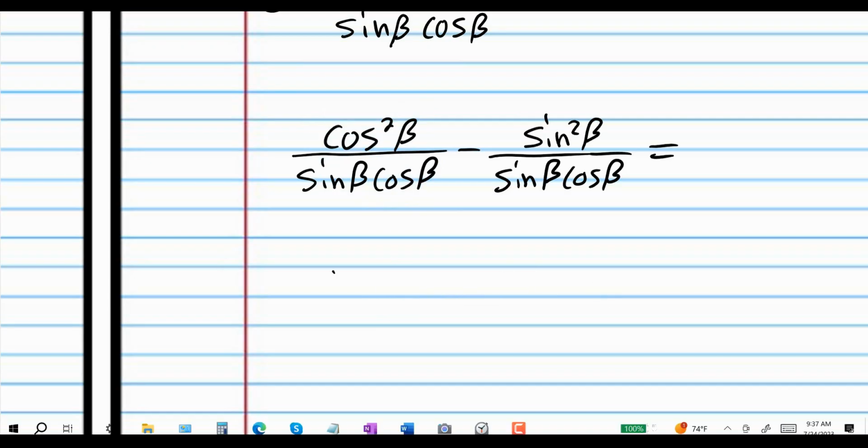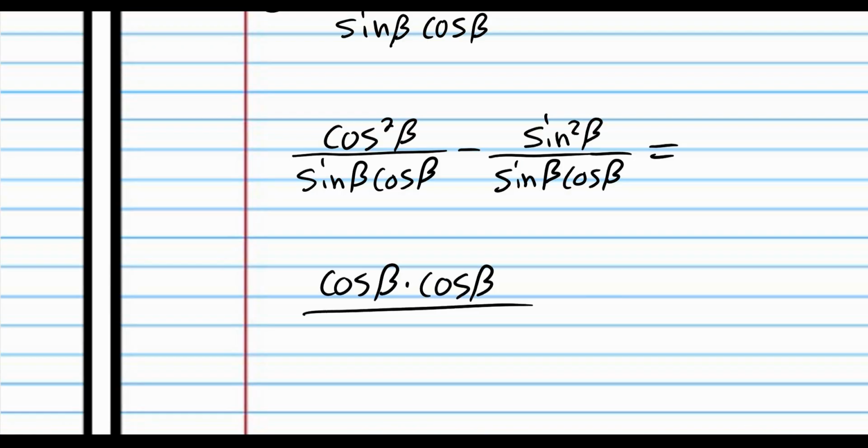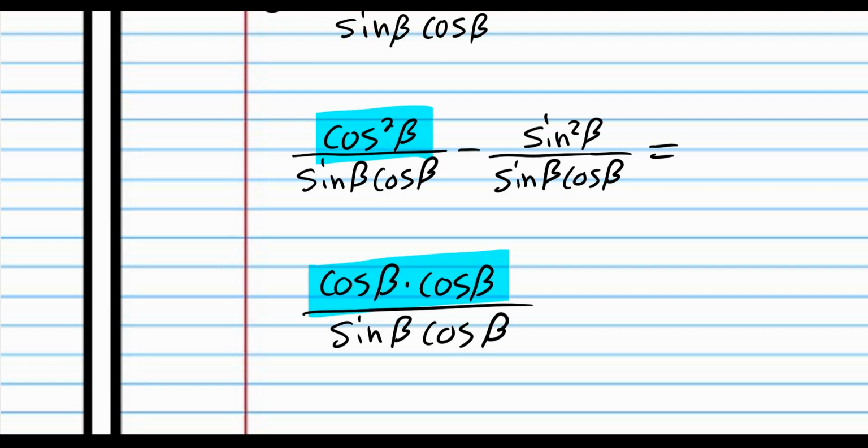And if you're having trouble understanding why that is, what you can do is factor the numerator. All I did is change the form of cosine squared beta to cosine beta times cosine beta, and you can see that two of these cosine betas cancel out. They're just factors that cancel out.